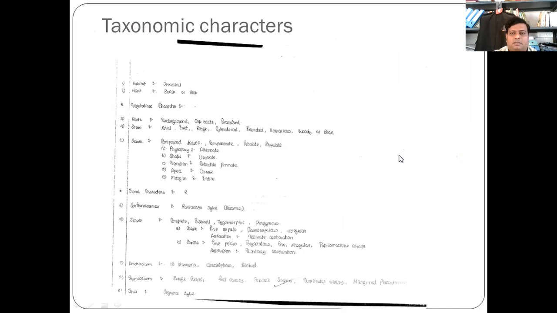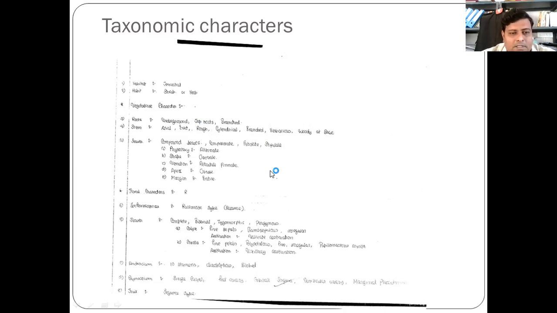Taxonomic characters of this Tephrosia purpurea. Habitat is terrestrial, habit like shrub or herb. Vegetative characters: roots underground, taproot, branched. Stem aerial, erect, rough, cylindrical, branched, herbaceous, woody at base. Leaves compound, unipinnate, petiolate, stipulate, phyllotaxy alternate, shape you can see here, venation reticulate, apex obtuse, margin entire.